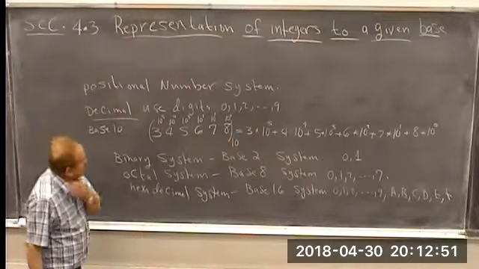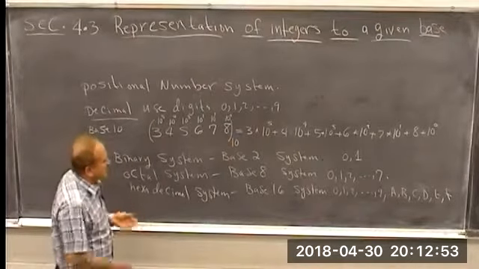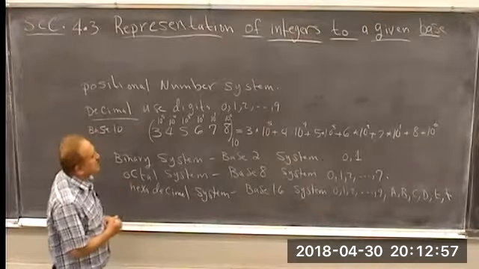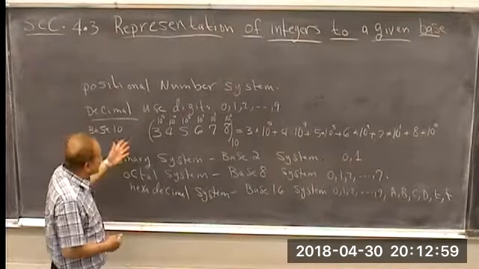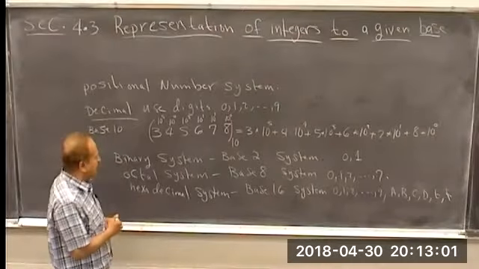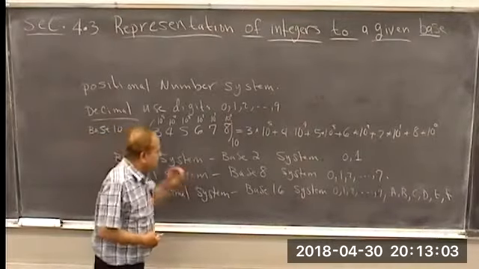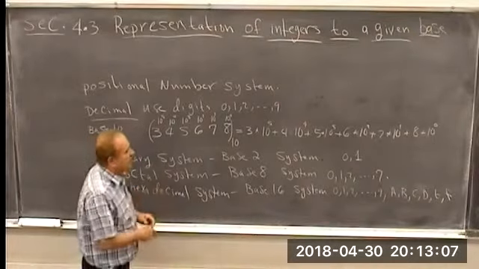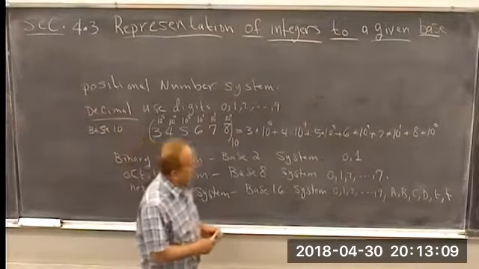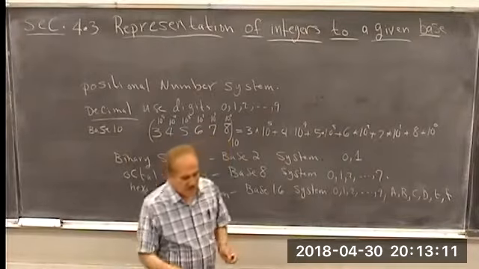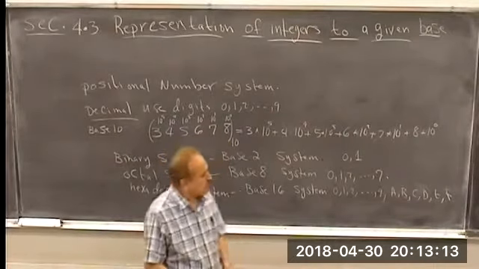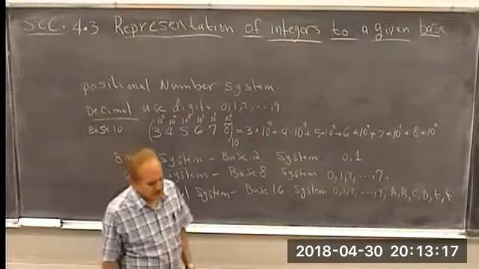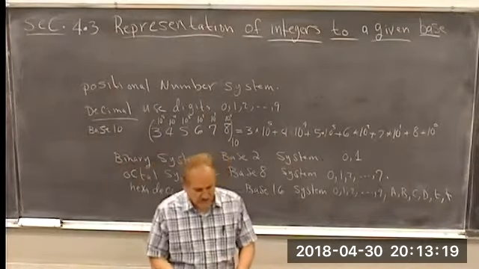We are not really very much interested in converting between these different systems, meaning given a number in decimal, how to convert it to binary or octal, and vice versa, or doing arithmetic with these. More or less, we're just going to look at the possibility that we can use any one of these systems.